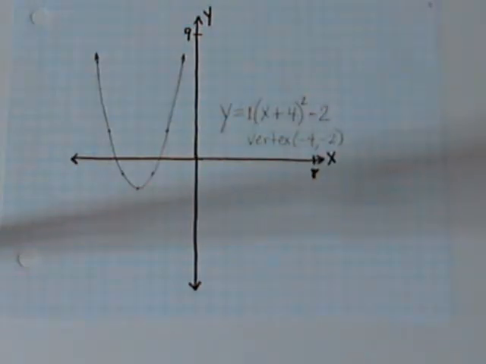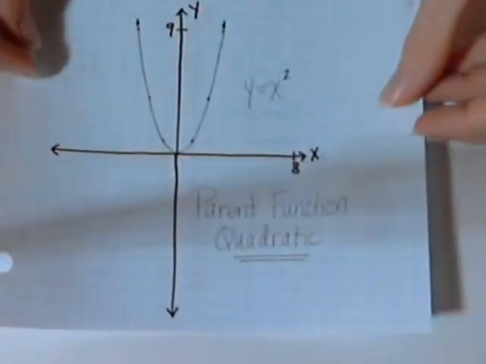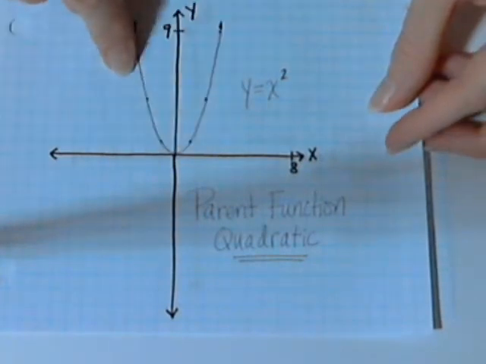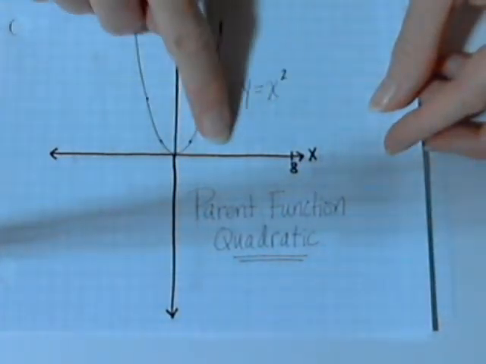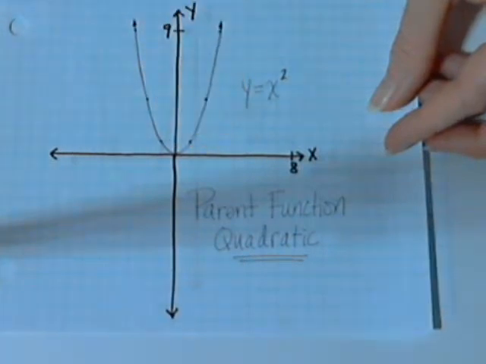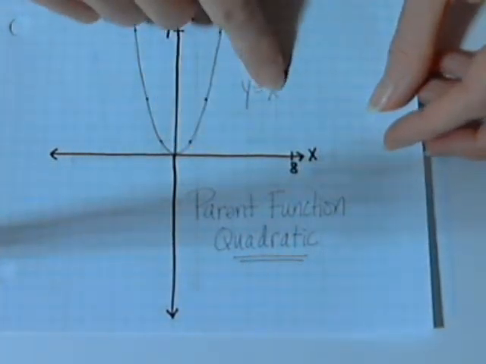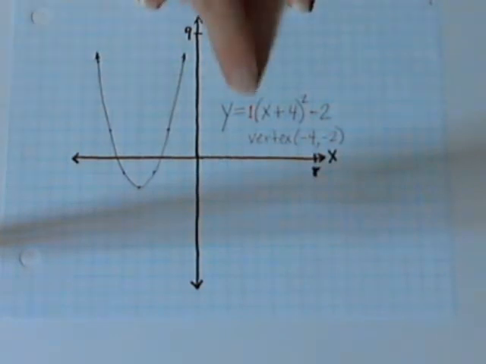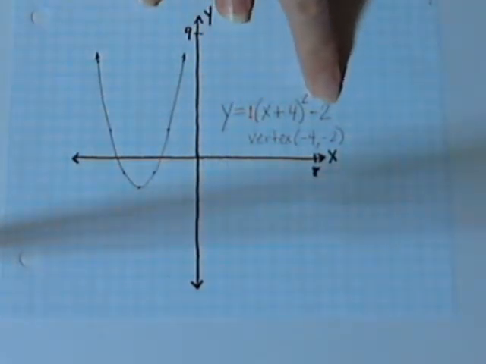It's almost like you have gone back to that original parent function, and you are taking just the plain x squared and moving it around, putting in a plain 1, a plain 2, a plain 3 within this x and squaring it, even though now you have this different equation.